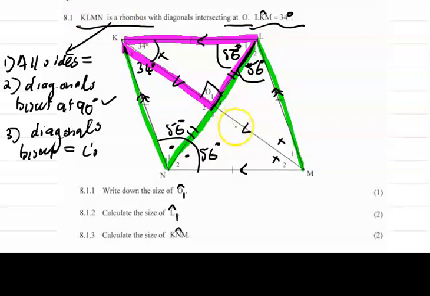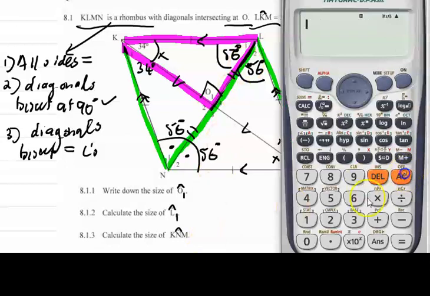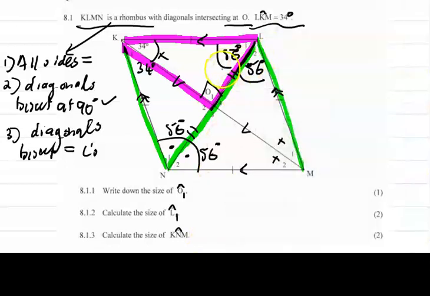But as I told you earlier, the properties of a rhombus, remember, it has all the same properties of a parallelogram. Therefore, the opposite angles are equal. So 56 plus 56 is going to give us 112 degrees. So therefore, this angle here is going to be 112 degrees. Opposite angles equal.